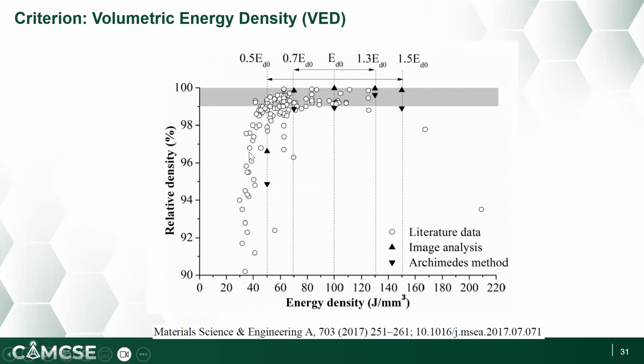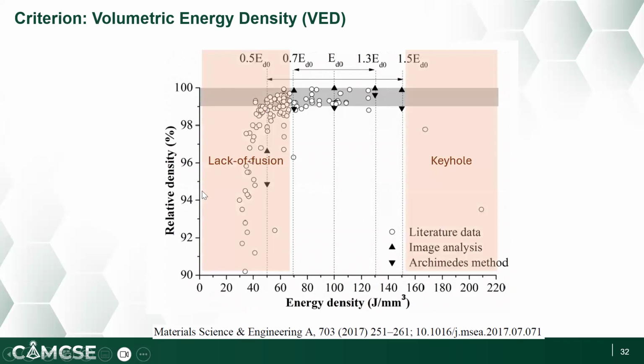Whereas if you go beyond this window, for example, if you use a very low volumetric energy density, you will have a low relative density, which means high porosity. On the other side, if you use a very high volumetric energy density, you will also have a low relative density, also meaning high porosity.